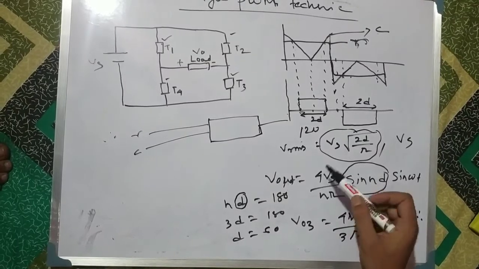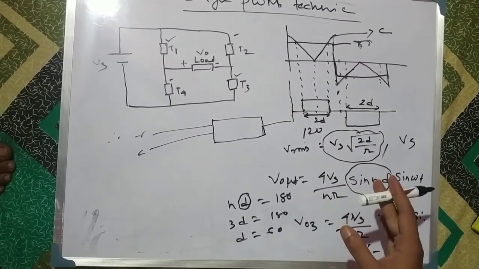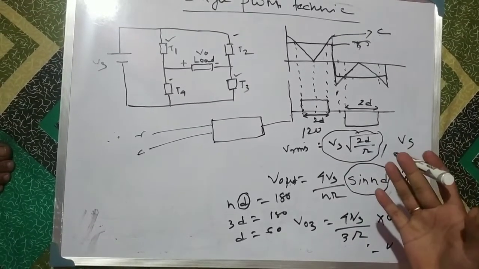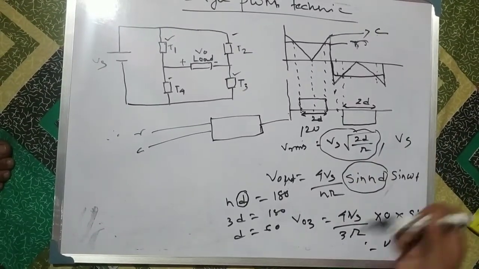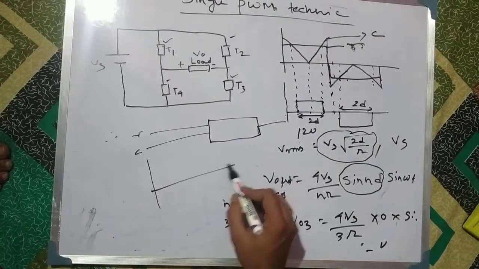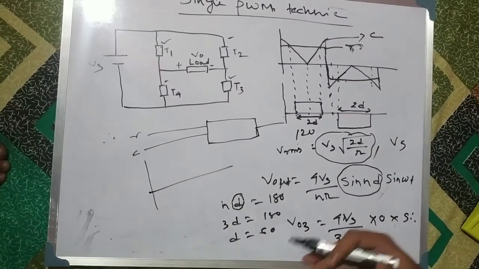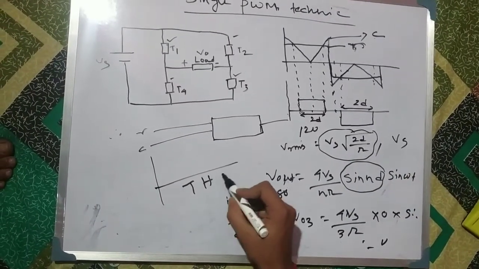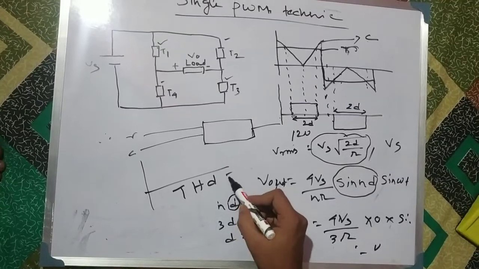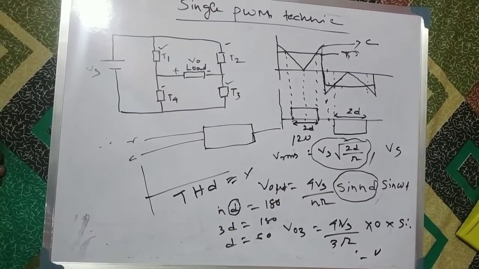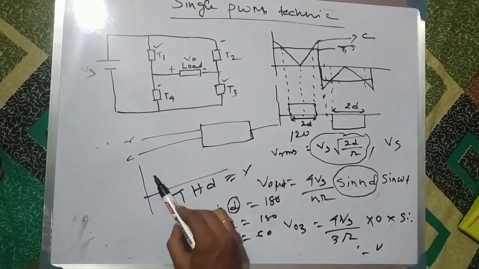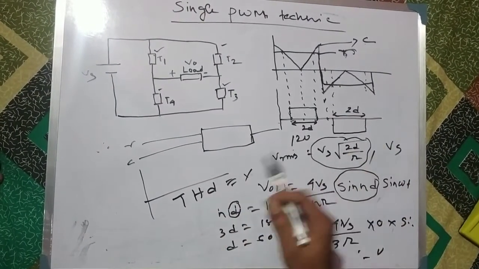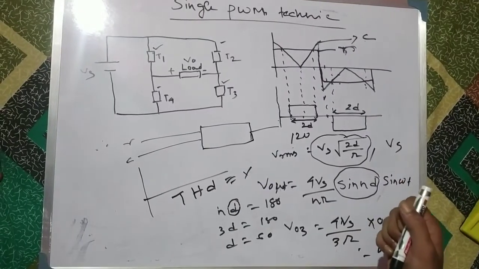What is the advantage of this pulse width modulation? We can eliminate the lower order harmonics, because if the lower order harmonics increase, the total harmonic distortion THD will increase. Higher order harmonics we can remove by using a low pass filter.